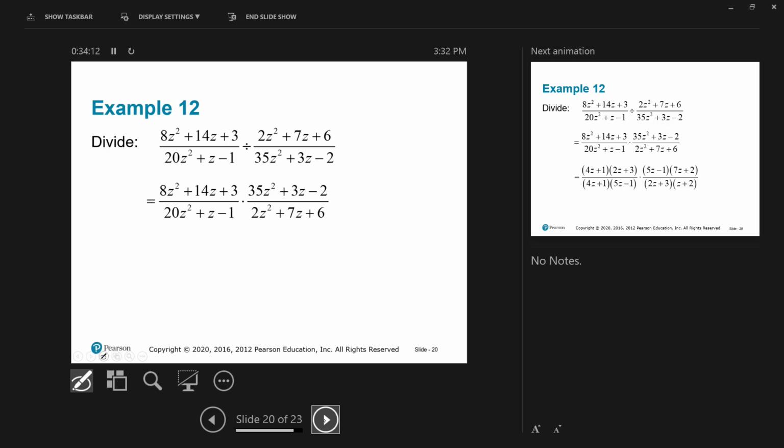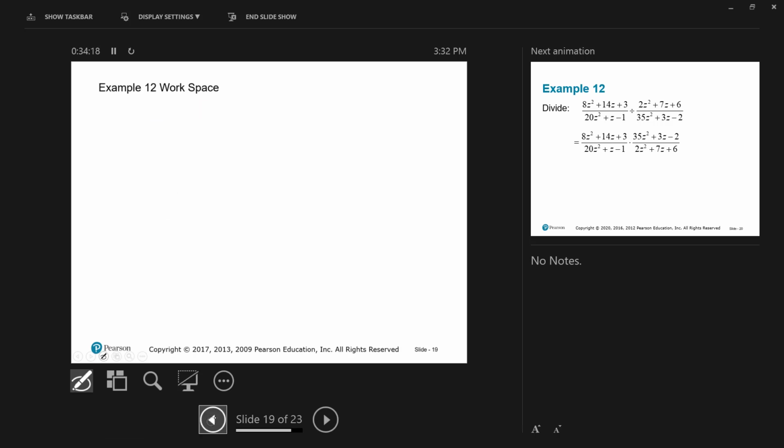Make it into multiplication. And once it's made into multiplication, you're going to have to factor. So let's work on that factoring a little bit to make sure everybody's on the same page. I am hoping that you will be able to follow. I don't want denominator, I want the numerator first. I am hoping that you are going to be able to follow along with me and how I'm factoring this.